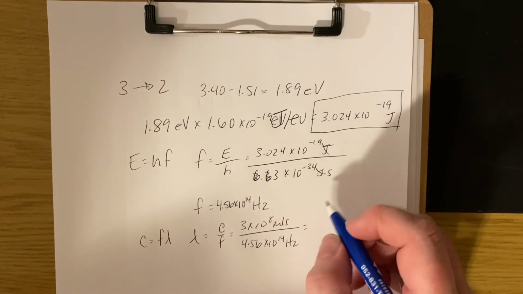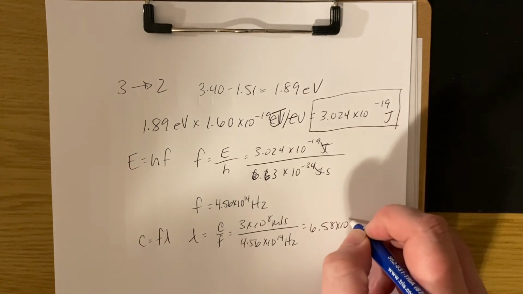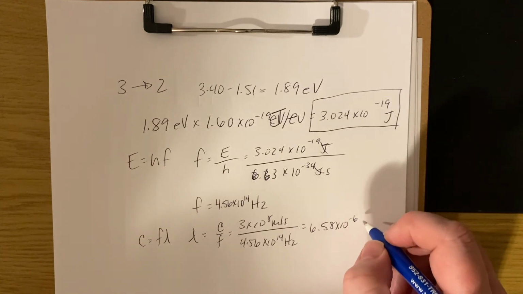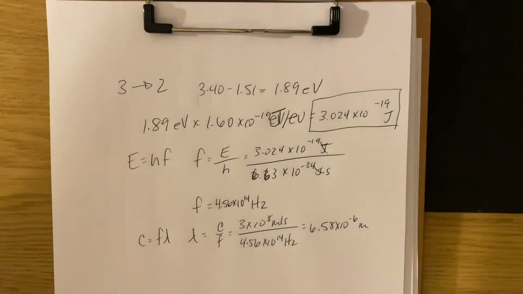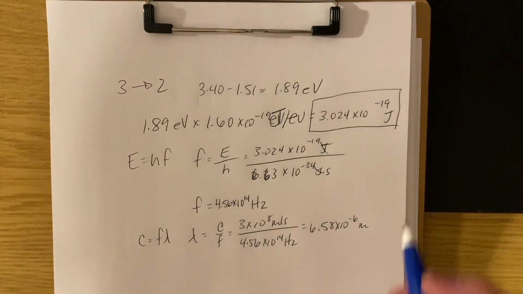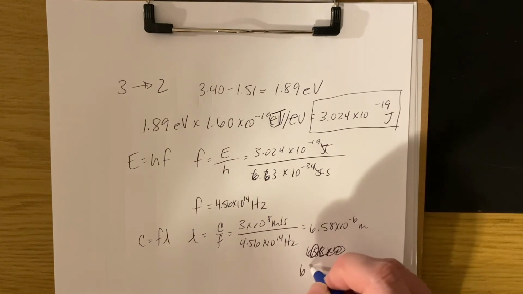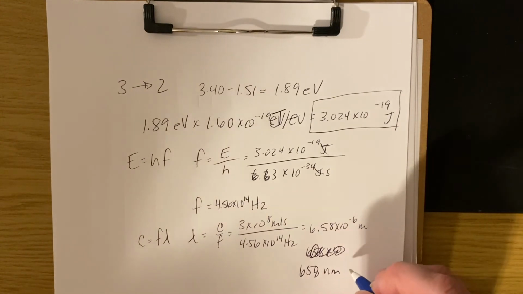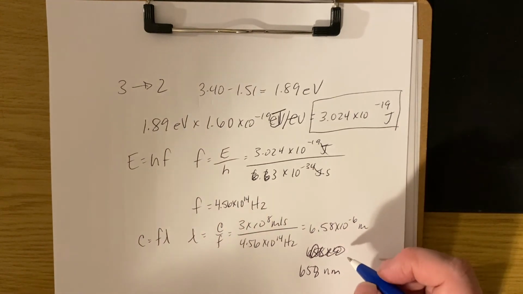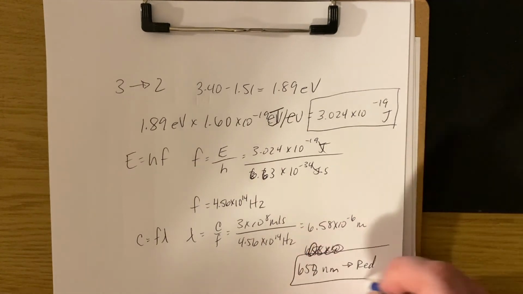And that ends up giving us 6.58 times 10 to the negative 7th meters. To get that into nanometers, we would say that as 658 nanometers. So with 658 nanometers, we know that we have a red line that's happening here.